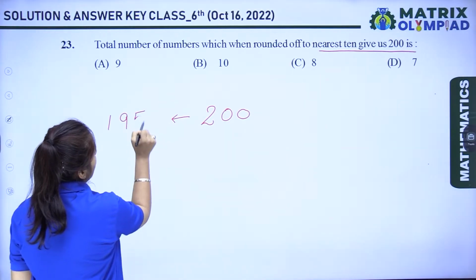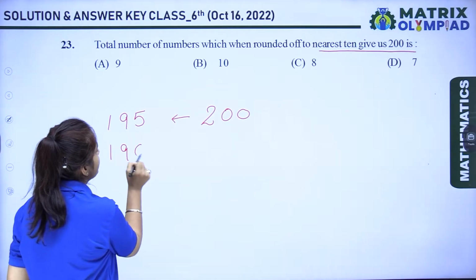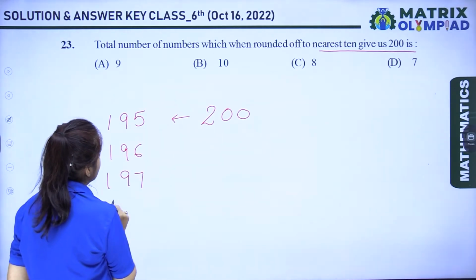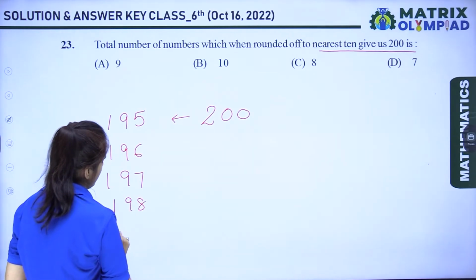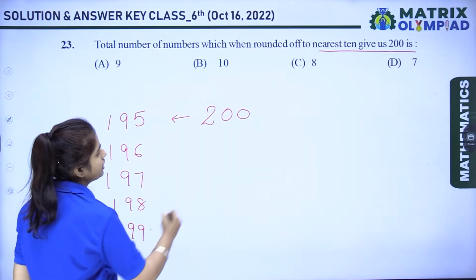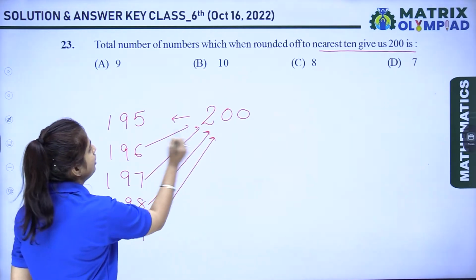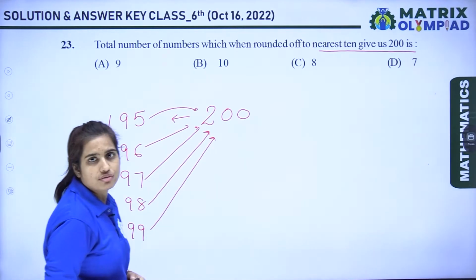So, here we have 195, 196, 197, 198 and 199, which will give us the same answer as 200 after rounding off, right?